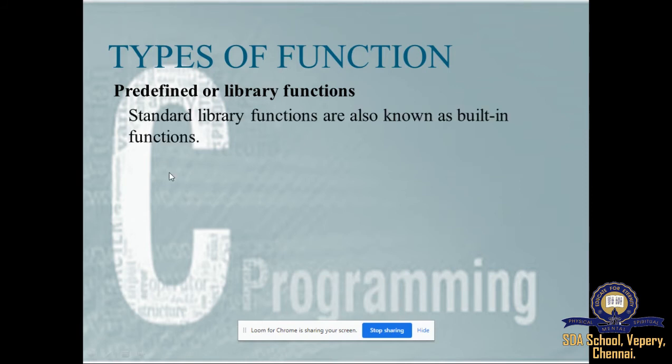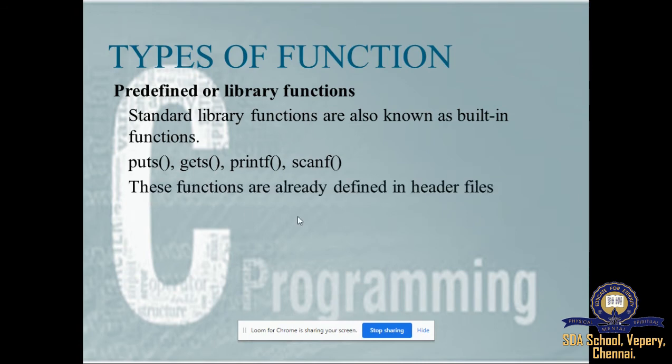So standard library functions are also called built-in functions. So they are built-in functions, and some of the examples given here are puts, gets, printf, scanf. All these are functions that are already defined inside your C editor itself. They come under some header files. Okay, these functions are already defined in header files. So you need not define them.